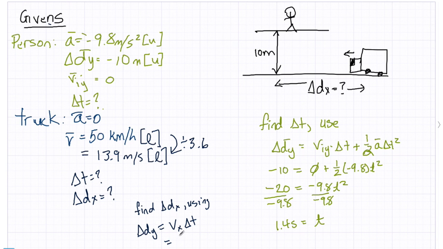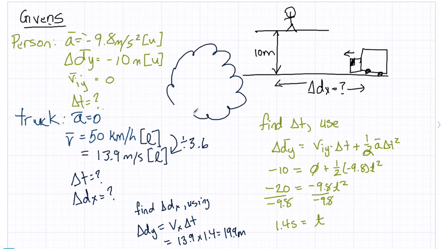So in this case, I have 13.9 multiplied by 1.4, and that's equal to 19.9. So, therefore, the truck is 19.9 meters away.